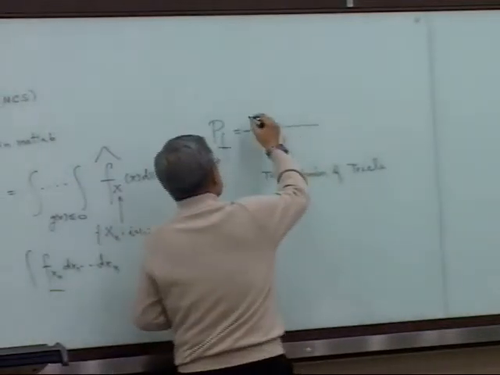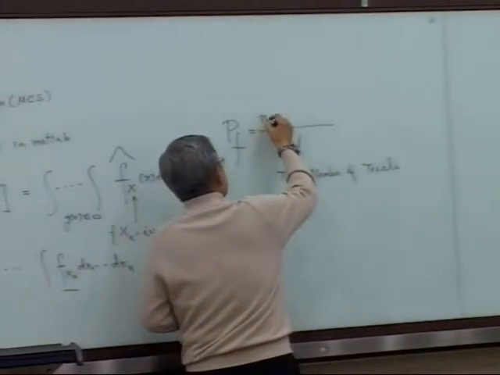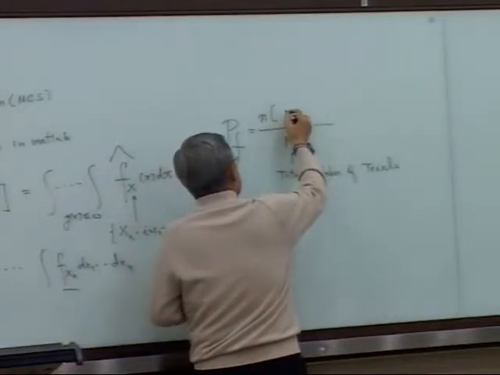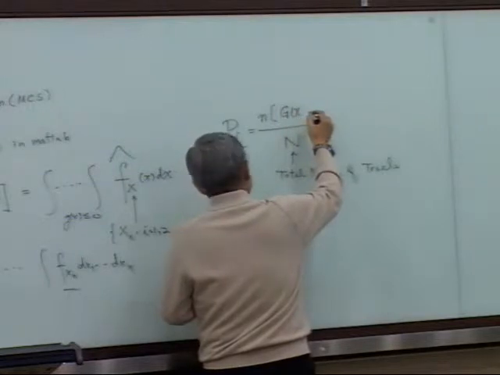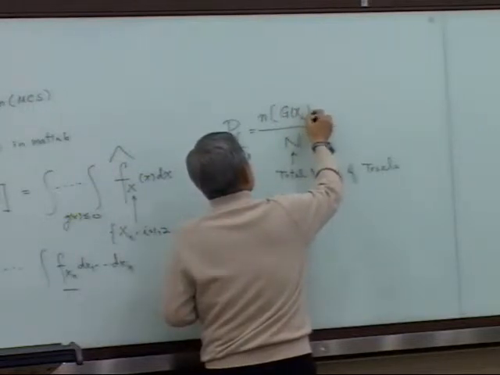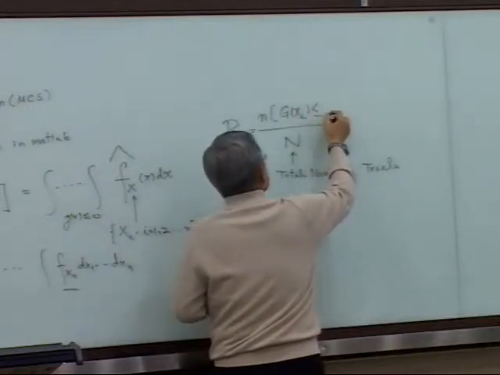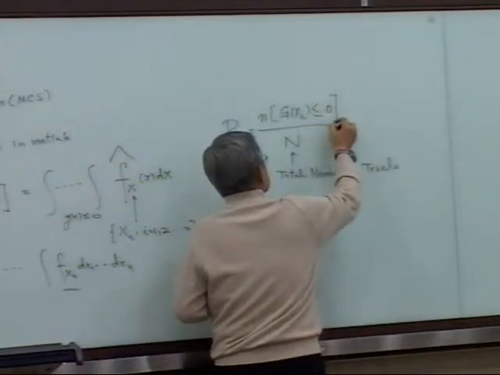Then the numerator is N of G(Xi) less than or equal to 0.